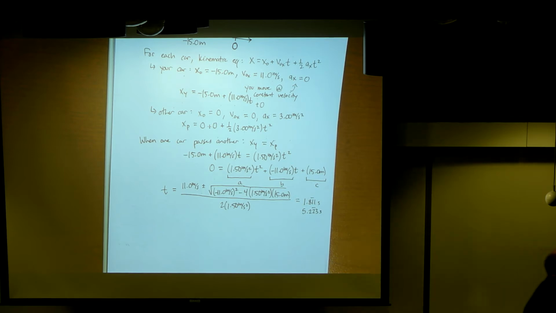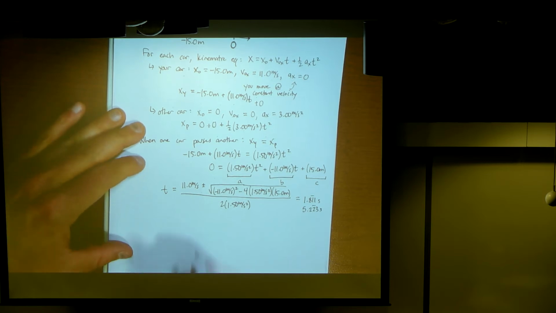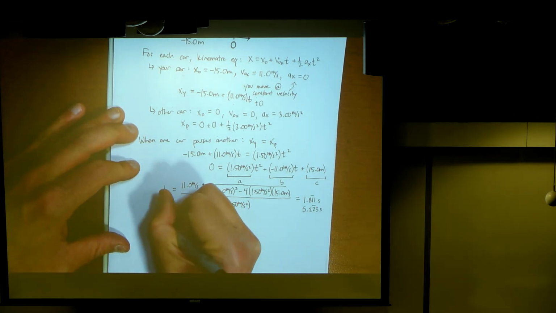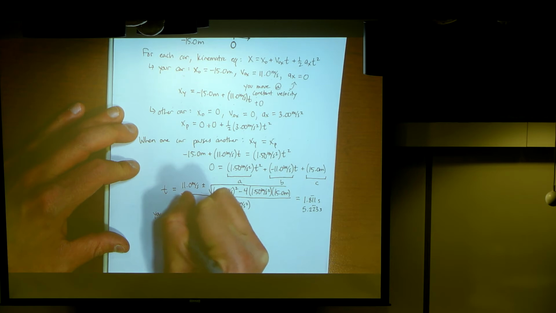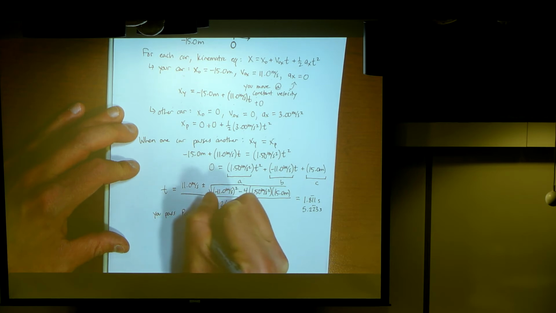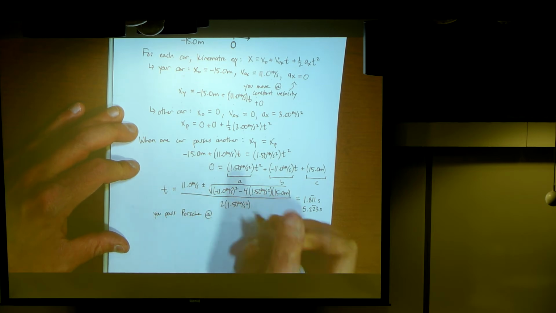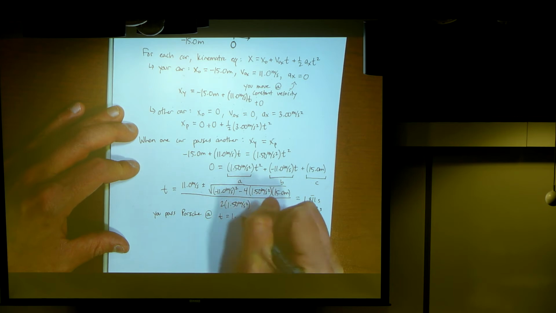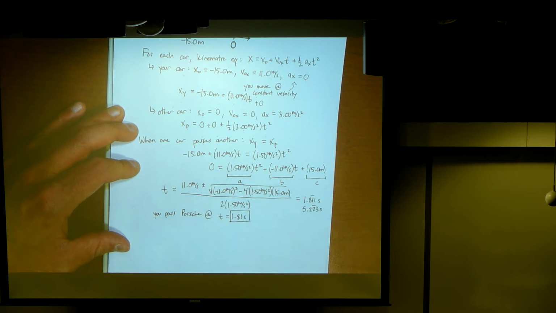So that's going to be the smaller out of the 2 times, because that happens first. You see that? So the answer is, for the first question, you pass the Porsche at time 1.81 seconds. Okay?